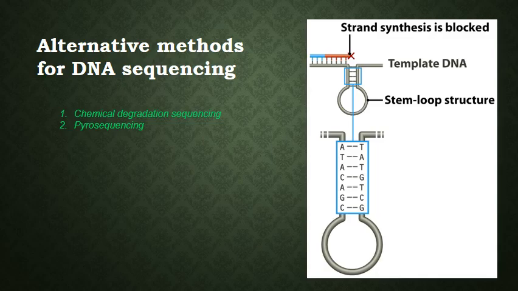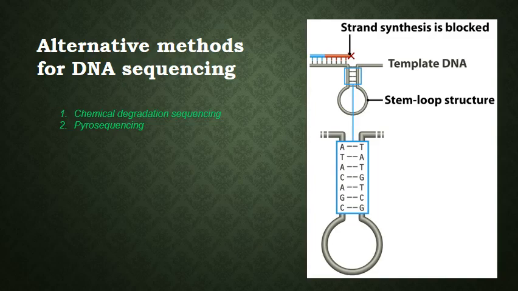The chemical degradation method is similar to chain terminating sequencing in that the sequence is determined by examining the length of molecules whose terminal nucleotide is known. However, these molecules are generated in a totally different manner, by treating with chemicals that cut specifically at a particular nucleotide.